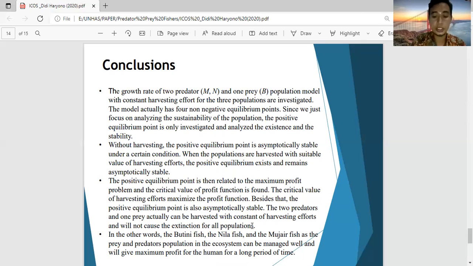Since we focus on the sustainability of the population, only the positive equilibrium point is investigated and its existence and stability analyzed.